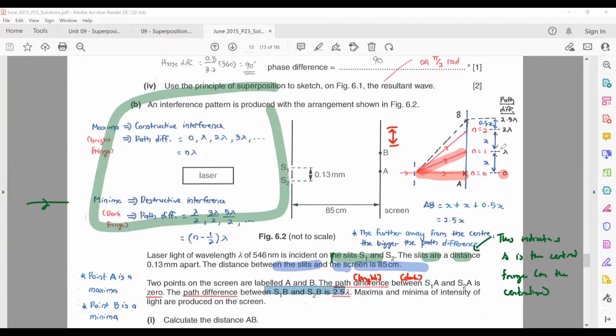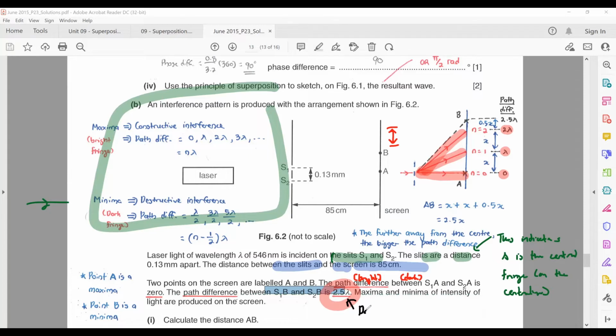When you have your first bright fringe, your path difference is lambda. The second bright fringe, your path difference is 2 lambda. You can also do the same analysis for your dark fringe. It will be 0.5 lambda, 1.5 lambda, 2.5 lambda, right? So of interest to you is S1B and S2B, where they tell you it's 2.5 lambda. If your path difference is 2.5 lambda, it tells you that you have a dark fringe.